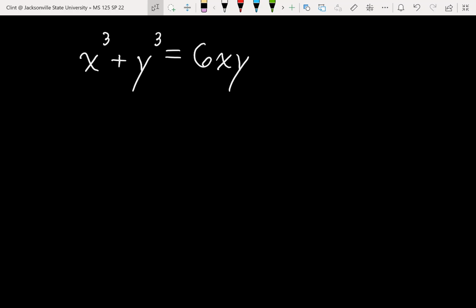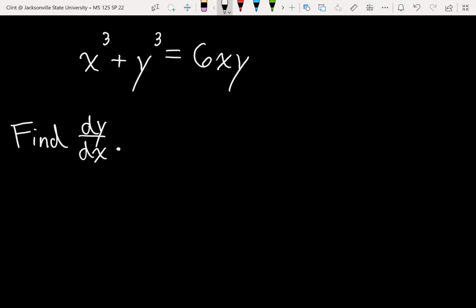Like I said, this one really defines three different functions at least. Maybe we can write it as three different functions. So we want to find dy dx. Technology is not cooperating up here. Want to find dy dx.